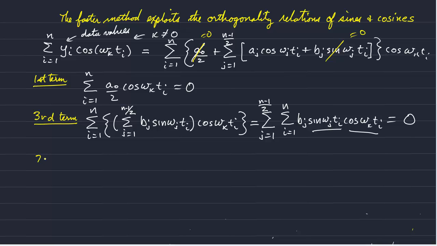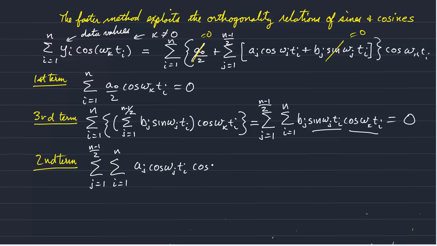And then finally, our second term, and I'm going to write that with the sum over j on the outside and the sum over our whole record length on the inside. Because this illustrates that we're really summing a product of two cosine functions.